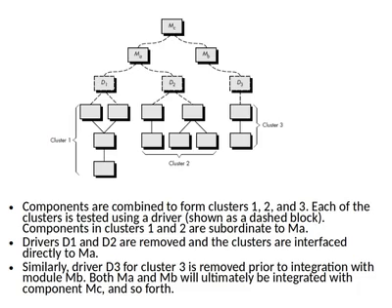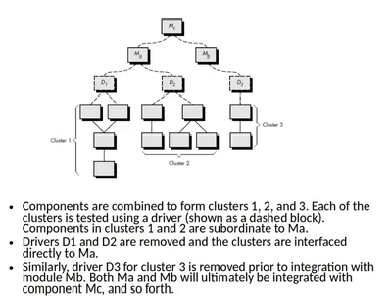Integration follows the pattern illustrated in this figure. Components are combined to form clusters 1, 2, and 3. Each of the clusters is tested using a driver, shown as a dashed block. Components in clusters 1 and 2 are subordinate to MA.